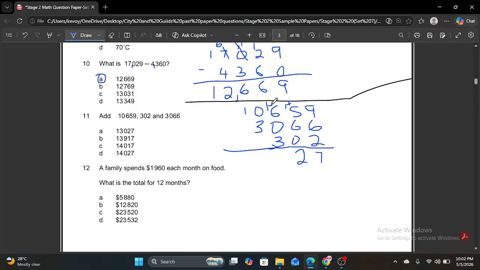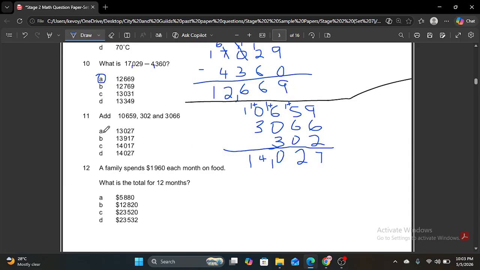So 1 plus 6 is 7. 7 plus 3, 8, 9, 10. So that's 10. So put down the 0, carry the 1. And 1 plus 0, that's 1. 1 plus 3, that's 4. And we'll just carry the 1 right here. So what's that?